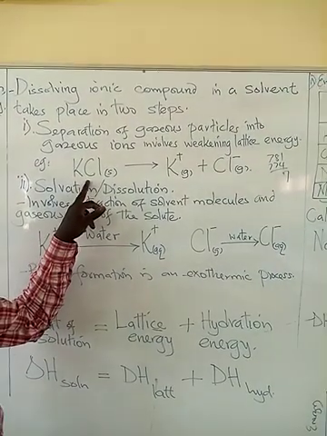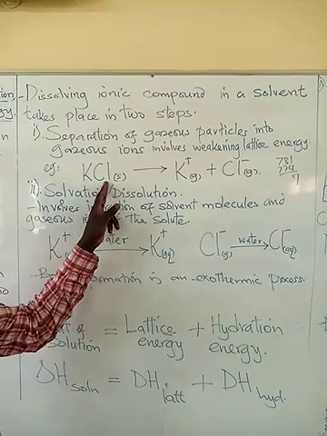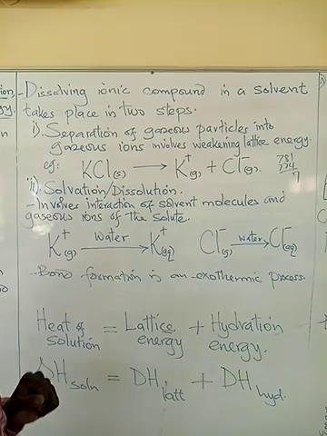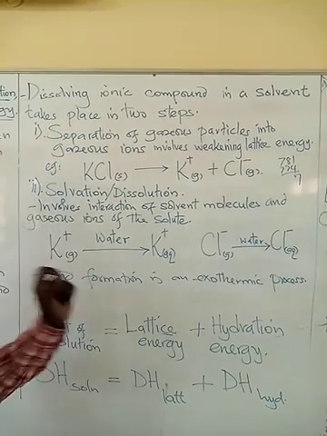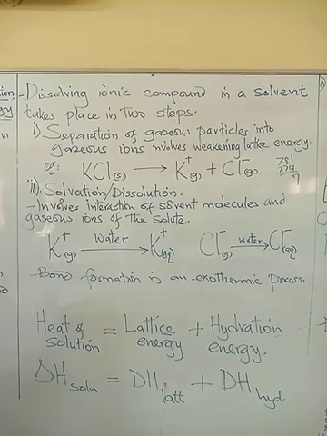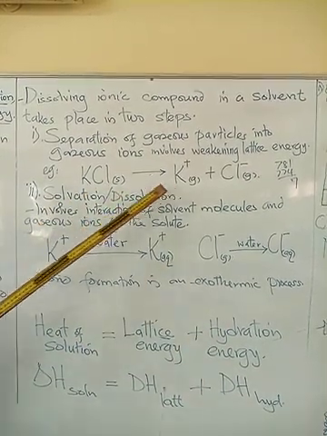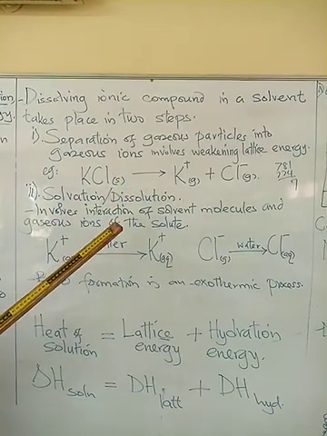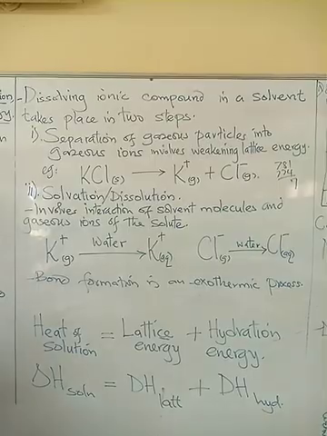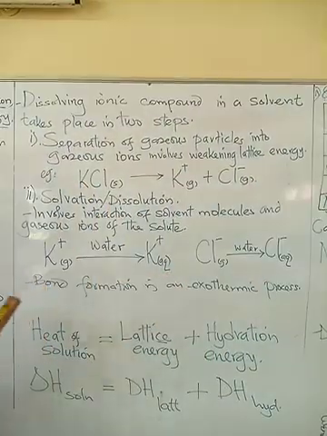The lattice energy is what holds the potassium ion and chloride ion in the potassium chloride. Therefore, before hydration occurs, the ions that form the ionic compound, for example in potassium chloride, must be separated. And breaking of these bonds is an endothermic process.